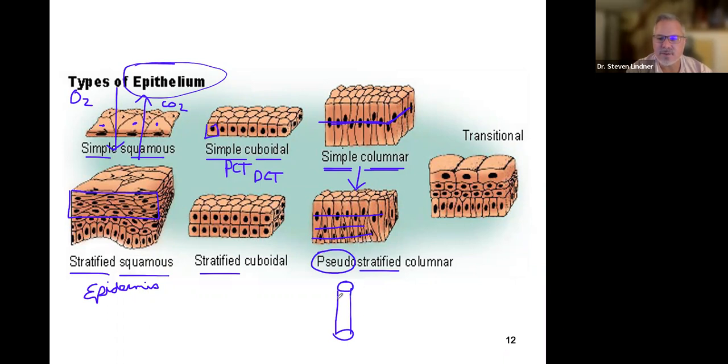And that was what I drew before, where we had these columnar cells like this with the cilia coming off of them. So sometimes they call it pseudo-stratified ciliated columnar.